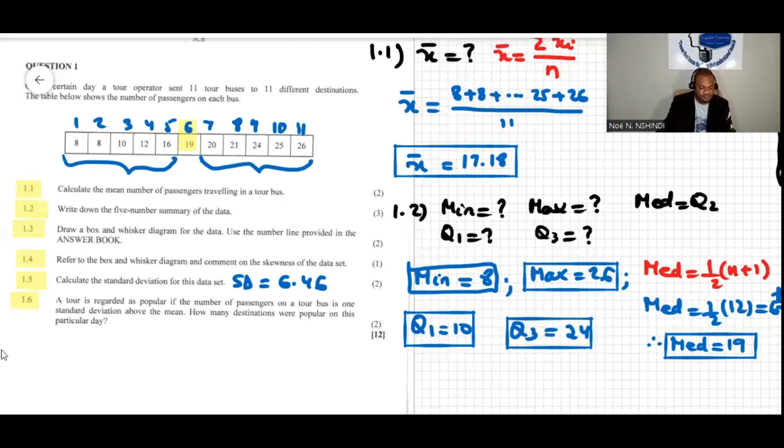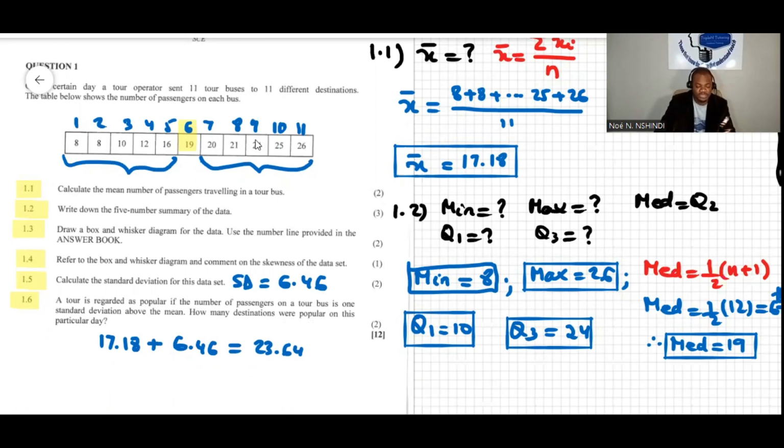We're going to say the mean we obtained was equal to 17.18, right? So we're going to do 17.18 plus the standard deviation, 6.46, which is equal to 23.64. Now to answer the question, how many destinations were popular on this particular day: when I look at the destinations, 23.64 is somewhere there. The destinations must be integers.